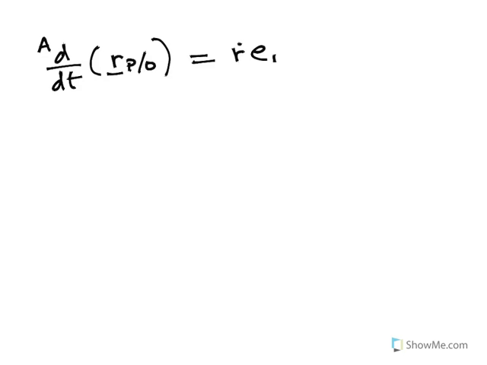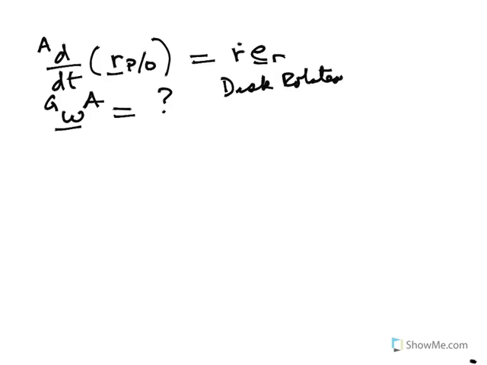Now the first term, which is d dt in A of RP relative to O, is equal to R dot ER. The second term requires us to compute the angular velocity of frame A as viewed by an observer in frame G. So the question is, what is that? Well, let's look at a couple of things here. We have that the disk rotates relative to the ground.